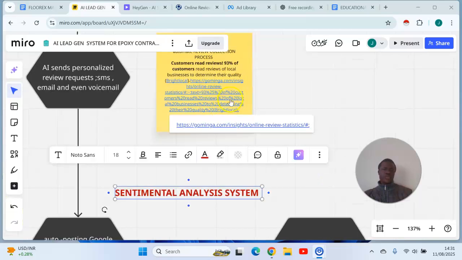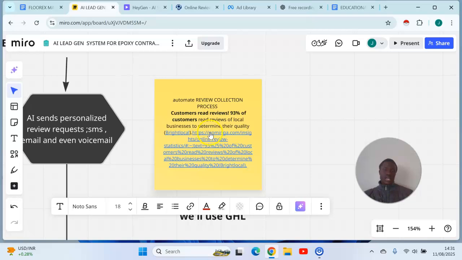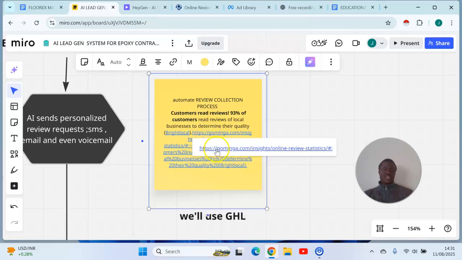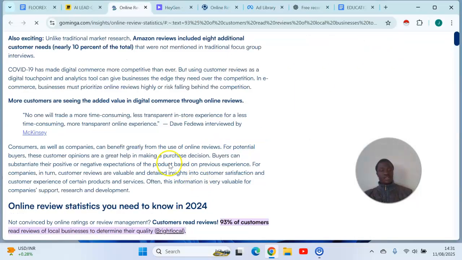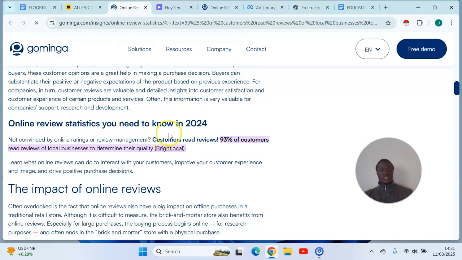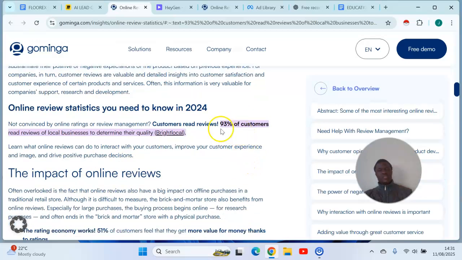And you need to understand that reviews are so important. This was a statistic done by this group called Gominga. Let me just show you guys why I'm emphasizing this point. Your reviews are so important. This statistic was done in 2024. Customers read reviews. 93% of customers read reviews of local businesses to determine their quality.